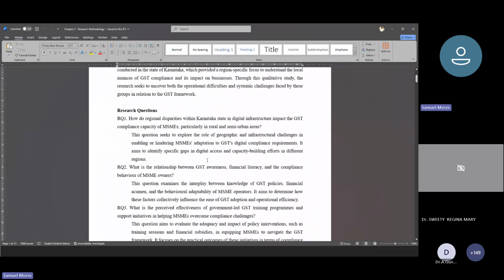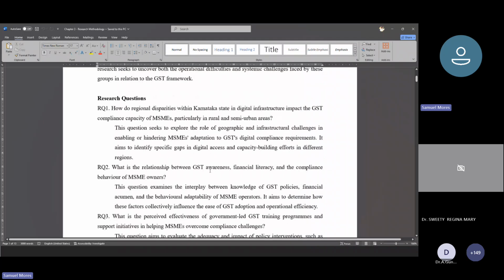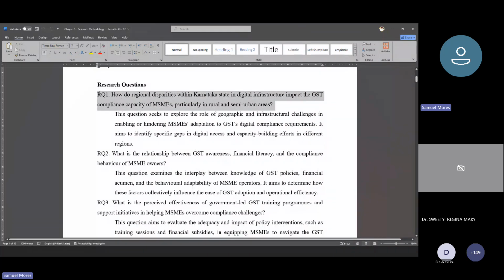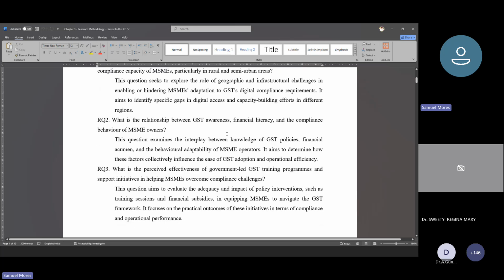What questions have I framed for that particular research? For example, how do regional disparities within Karnataka state in digital infrastructure impact the GST compliance capacities of MSMEs, particularly in rural and semi-urban areas? The second research question I framed is, what is the relationship between GST awareness, financial literacy, and compliance behavior of the MSME owners?